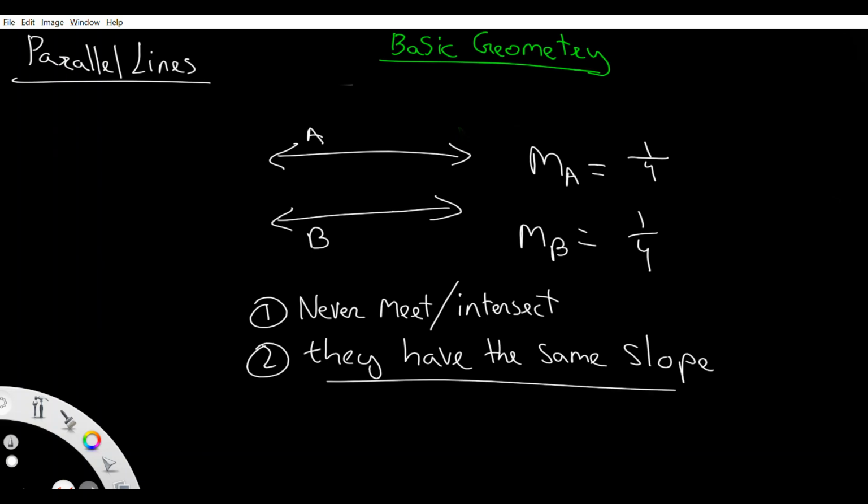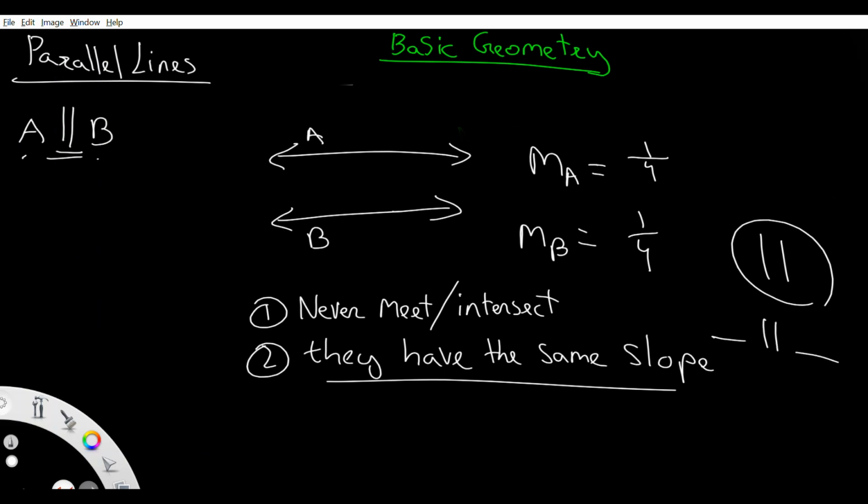And to write parallel lines, the geometric symbol for it, we write it like A is parallel to B. The symbol in the middle, two lines, is a symbol for telling people that something is parallel to something else.